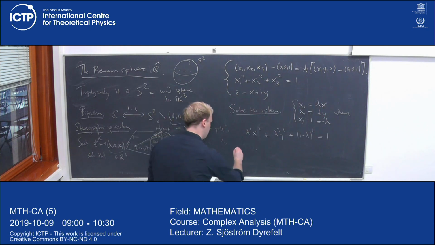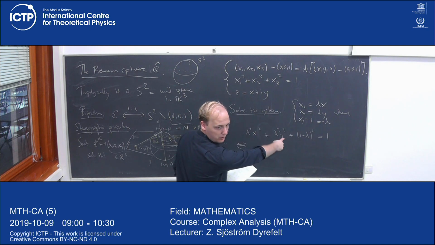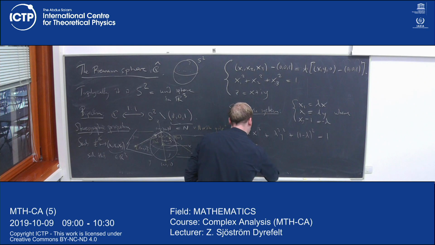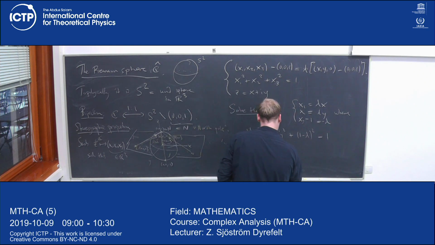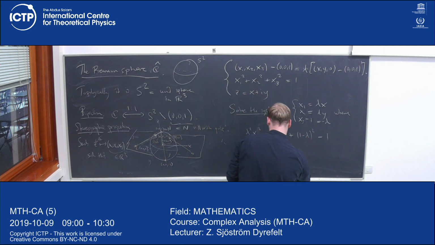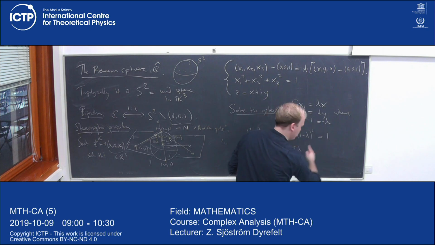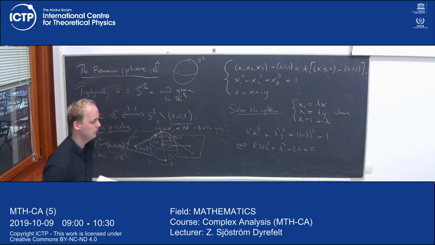And this is lambda squared times x squared plus y squared, and x squared plus y squared is the absolute value of z squared. So this is lambda squared absolute value of z squared, plus lambda squared. So this is lambda squared minus 2 lambda, and then plus 1, and these cancel, so it is equal to 0.